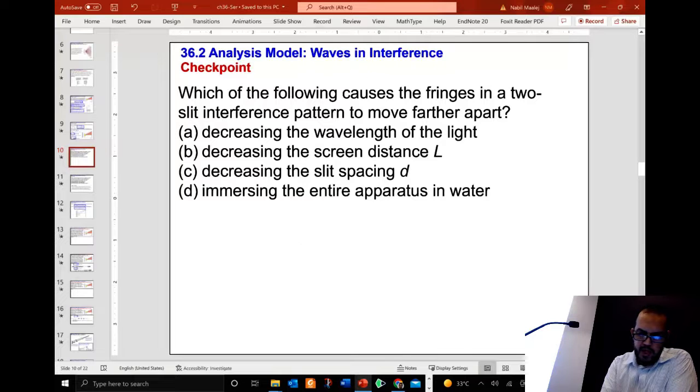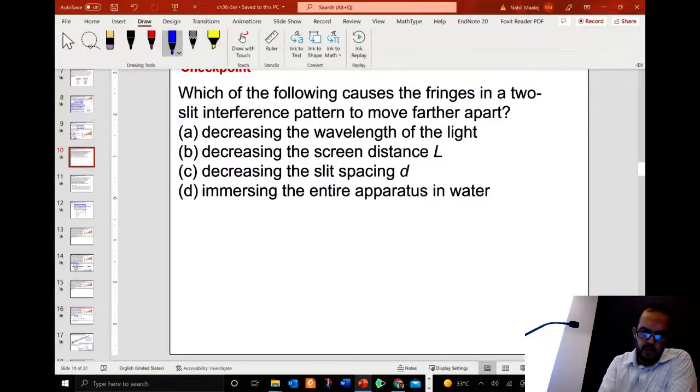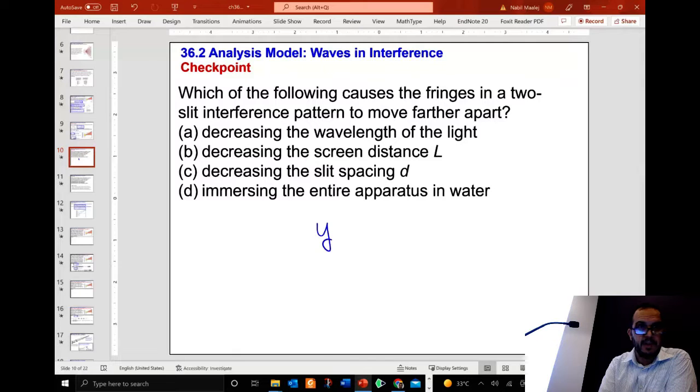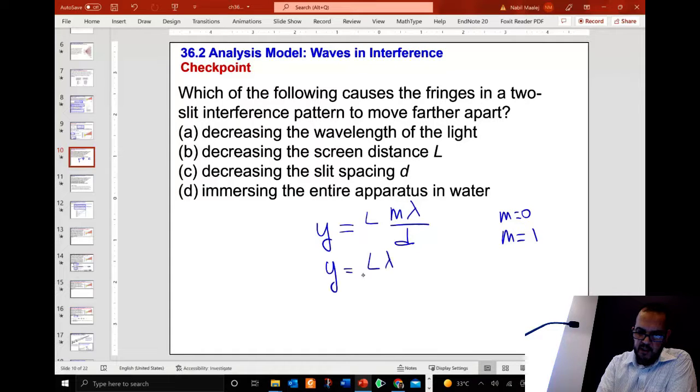We know y for a small angle approximation is equal to L m lambda over D. For m equal to 0, y is equal to 0, but for m equal to 1, y is just going to be L lambda over D. So what will make y larger, because the fringes are moving farther apart?